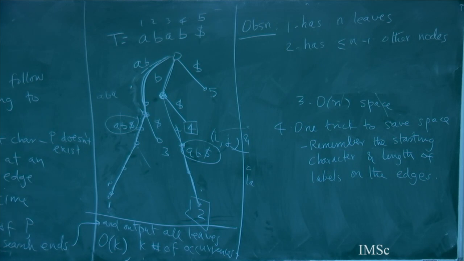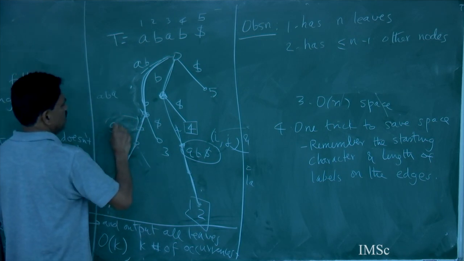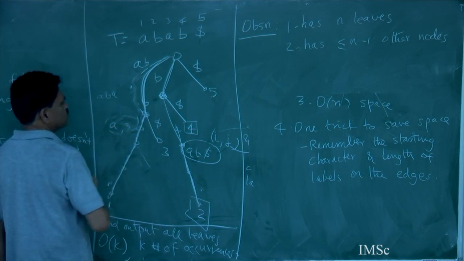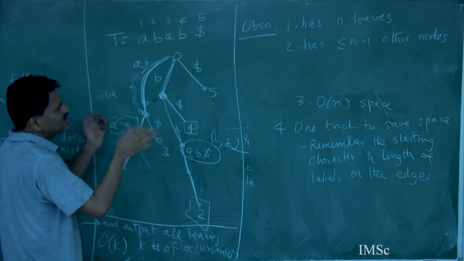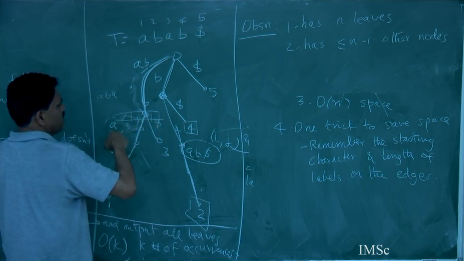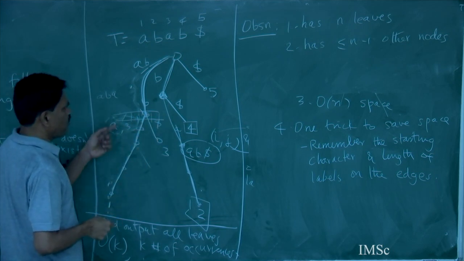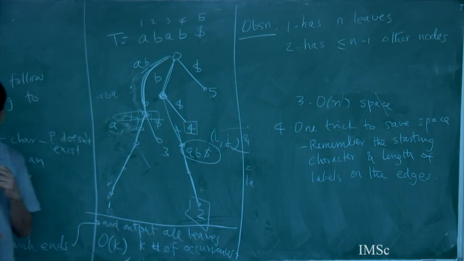But there's a problem for searching, right? How would I search? Here I know the character A and I'm storing this number 3. Character A can be managed because anyway it's stored. Remember, we are storing this pointer, so A is stored with the node. So I just remember the length. How will it help my search?